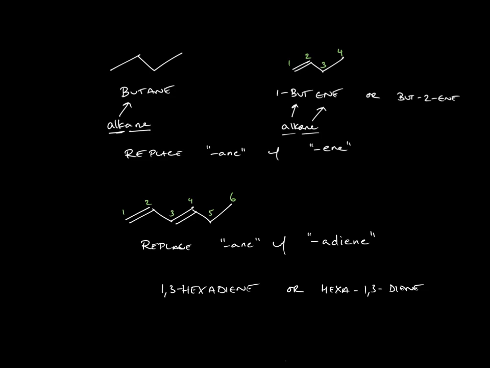But there's a twist. Dienes, much like chiral carbons, can take on multiple stereoisomers. So here's a diene, and here's another diene. The one on the left, if we number it, we should start on the left because that's the closest place where we can run into our alkene first.